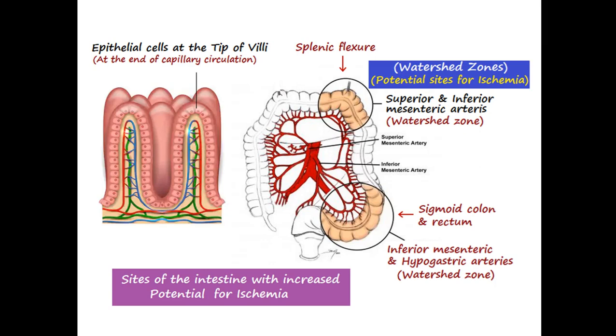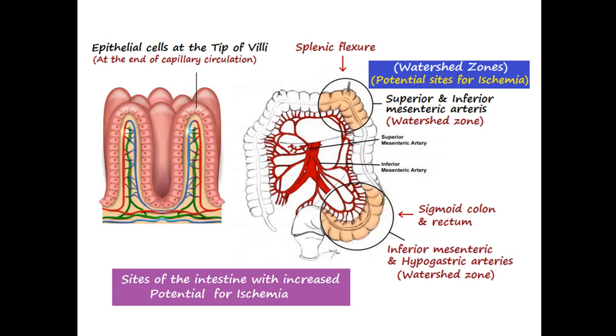So the epithelial cells that are located at the tip of the villi are situated at the end of the capillary circulation, and they are more vulnerable and more susceptible to ischemic cell death as compared to the bases of the villi, which are comparatively well perfused.